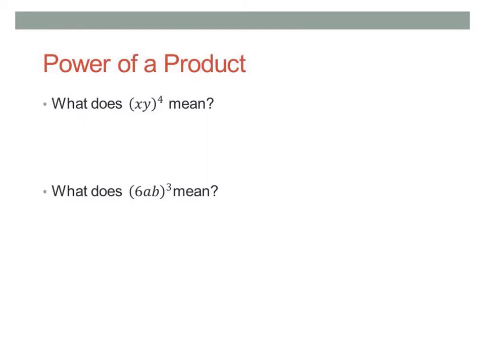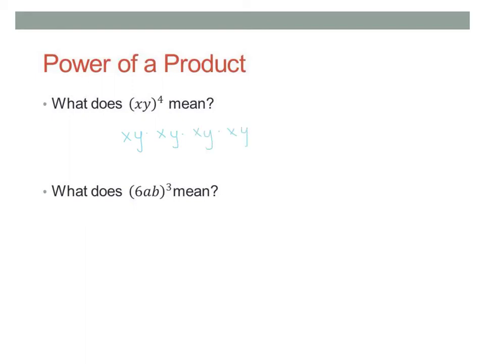Okay, one more, I think. Power of a product. So what does it mean to have xy to the 4th? We're just going to do this top one here. So this means we're going to have xy times xy times xy times xy.